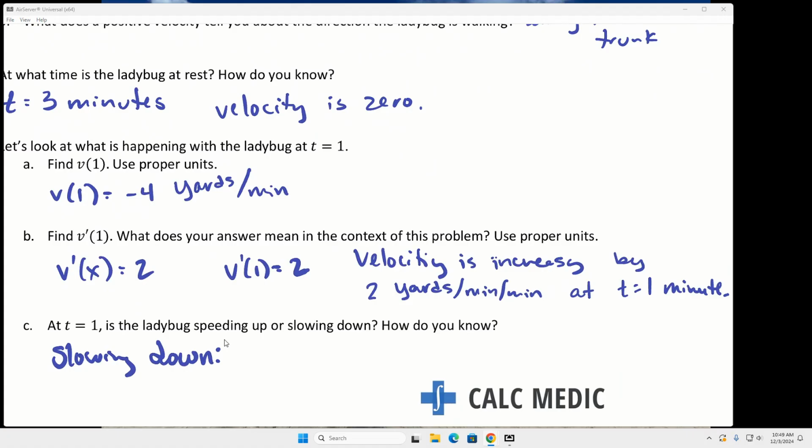I know that seems confusing because everyone always thinks a positive acceleration means speeding up. That is not what it means. The velocity is increasing. The speed doesn't take into account positive or negative.